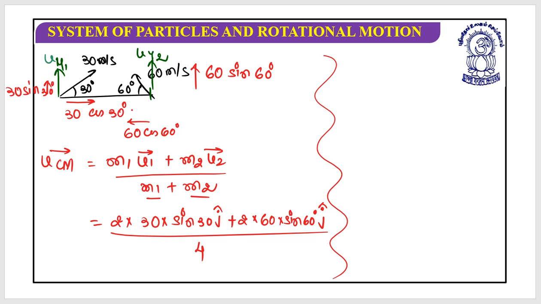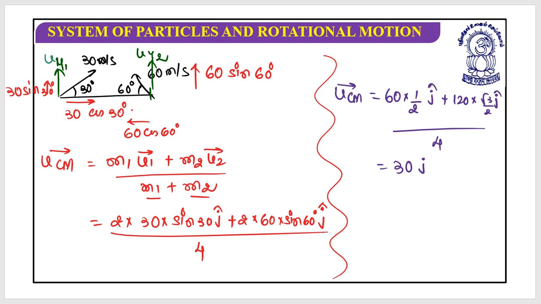Are you sure? Great. Now, what is UCM over here? This is 2 into 30, it's 60 into half j cap, plus 2 into 60, it's 120 multiplied by root 3 by 2 j cap, divided by 2 plus 2, 4. It's 60 by 2, which is equal to 30 j cap, plus 120 by 2, it's 60 root of 3 j cap, divided by 4.